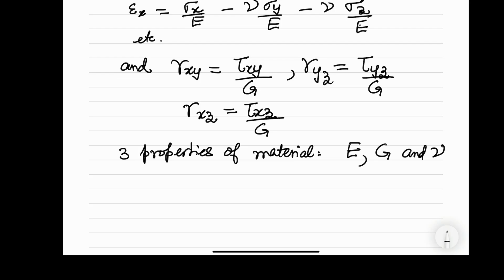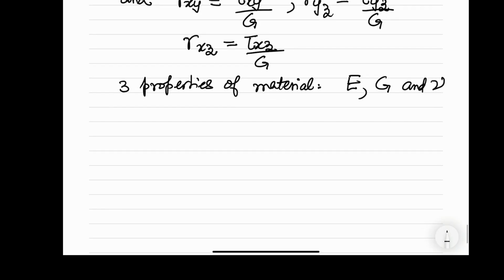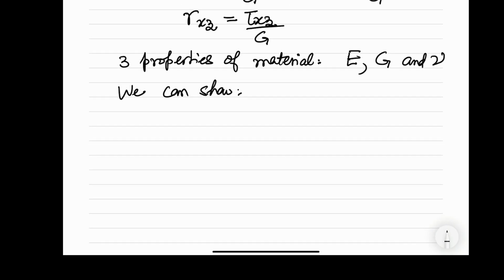But it turns out that these three actually are related. And we can show, and which I will be doing now, that G is equal to E over something.